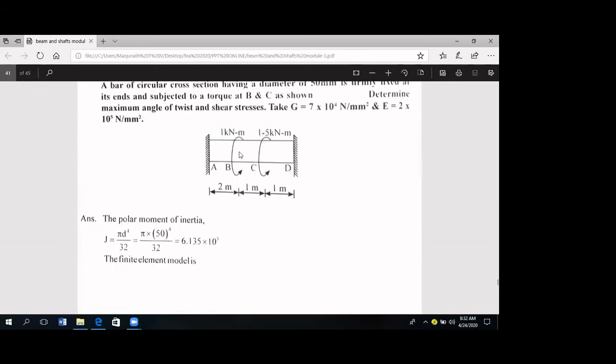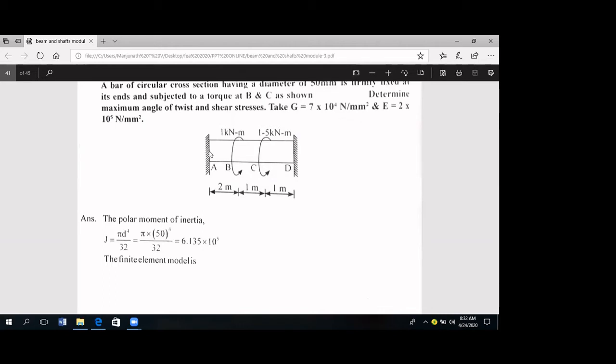As we know, wherever the load is applied, we need to locate one node. In this case, at point B and point C two torques are applied. Also, wherever there is a support or fixed end, we need to locate a node.